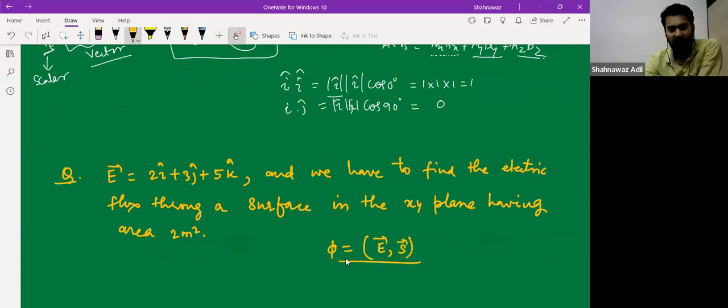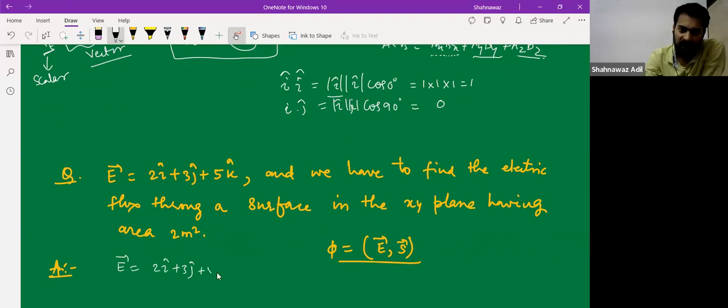You know the electric field, which is 2I plus 3J plus 5K, but you don't know the surface area vector. You know that the magnitude of area is given as 2 meters square. And what would be the direction? It would be normal to this XY plane.